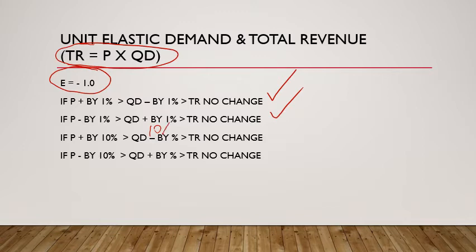I forgot to put that in. So up by 10%, down by 10%. What happens to total revenues? No change. Last illustration. If the price goes down by 10%, QD will go up by 10%. And what's going to happen to total revenues? No change.